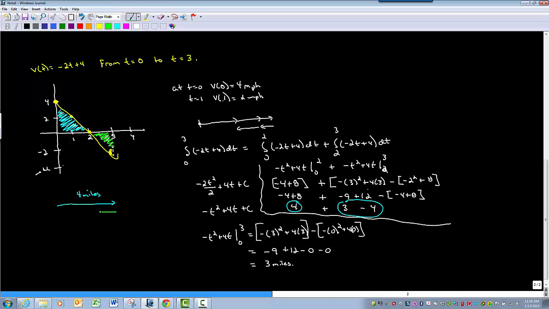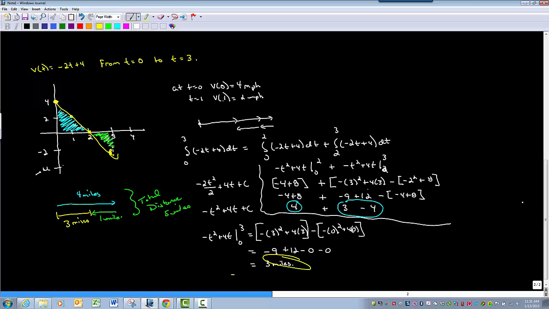We traveled 1 mile. So our total distance traveled is 5 miles. However, our displacement is given by this distance, which is 3 miles, that number down here. So the displacement is different than the total distance traveled.